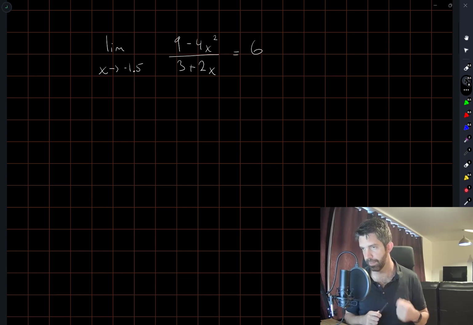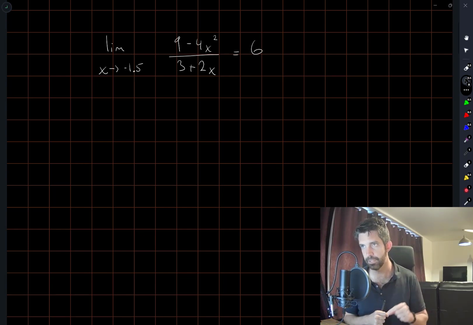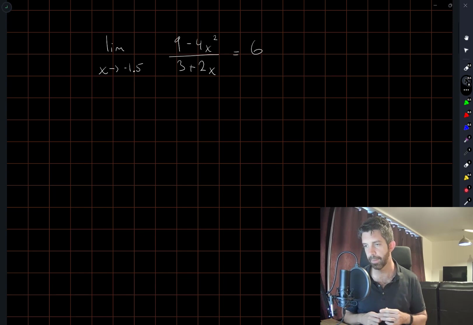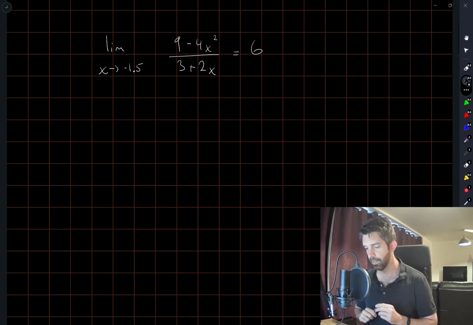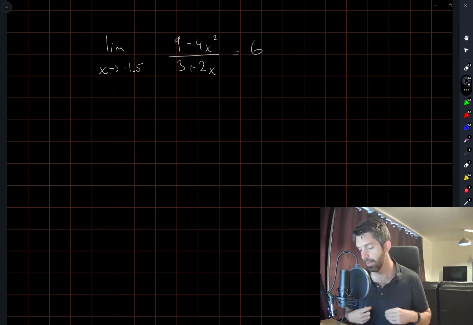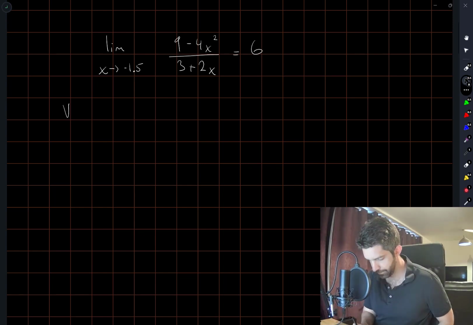Then I'll do a little bit of rough work with the factorizations and cancellations to see if I can intelligently choose the relationship between delta and epsilon, and then I'm going to put it all together, given that choice, into the sequence of steps showing the proof for this limit.